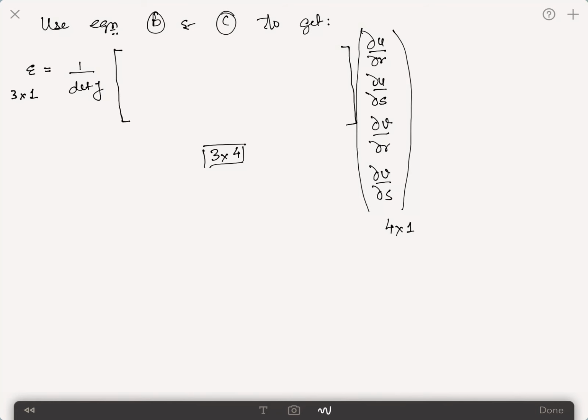And of course it's quite simple because we only need 3 strains, so we can fill in 3 rows corresponding to dou u dou x, dou v dou y, and dou u dou y plus dou v dou x. And if I pick out the right terms from equations B and C, I will end up with something that looks like this: minus j21, j11, minus j21, j11, j22, and minus j12.